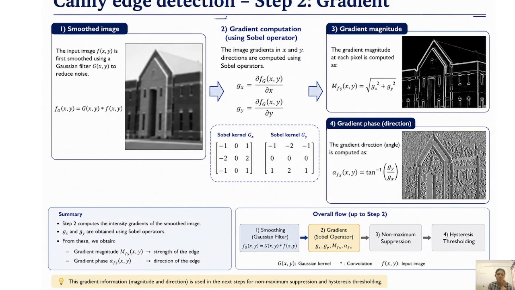The gradient magnitude gives you the strength of the edge, and the gradient phase gives you the direction of the edge.